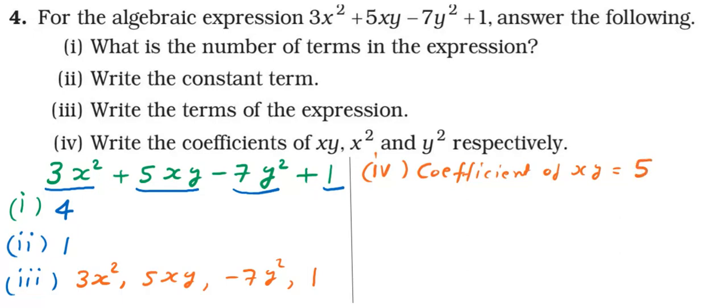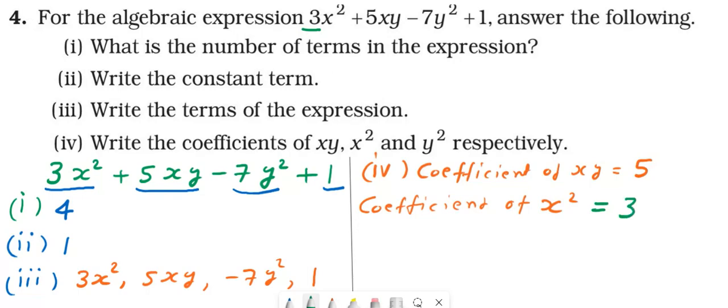And the coefficient of x square. Now beta, you can see the coefficient of x square is 3.